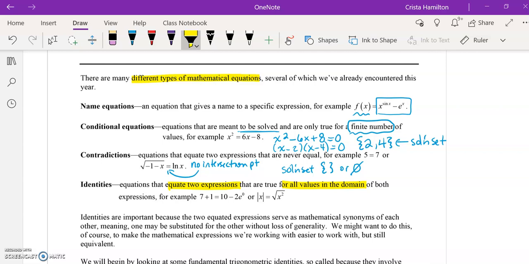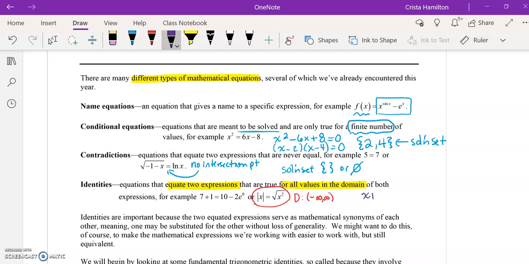For example, when we've seen this in Algebra 2 before, we were talking about the big idea that the square root of x squared is equal to the absolute value of x. This is true for all x. The domain of these two functions is negative infinity to infinity. So this is true for all values in the domain of both expressions. We've also seen this when we do rational functions.